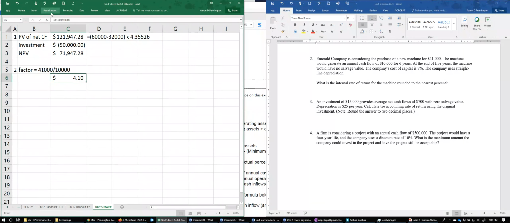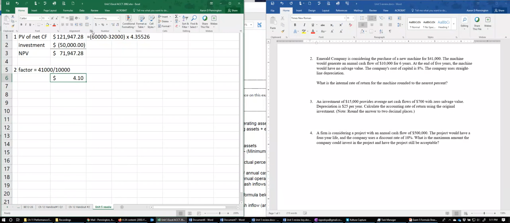And that's actually not dollars, it's 4.1.